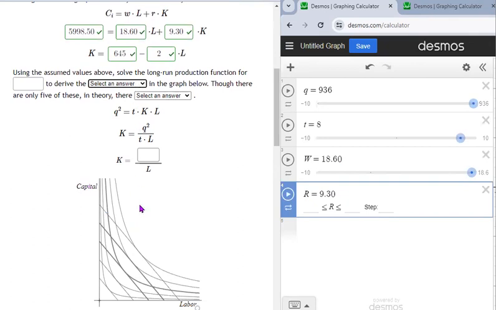The only other thing in this picture that is graphed are these curves, right? And those curves are isoquants. Along one of these curves, the quantity the firm can produce remains constant as the capital labor ratio changes, right?